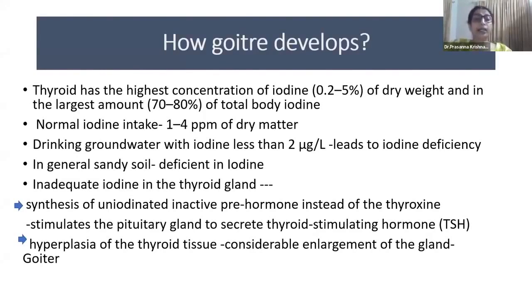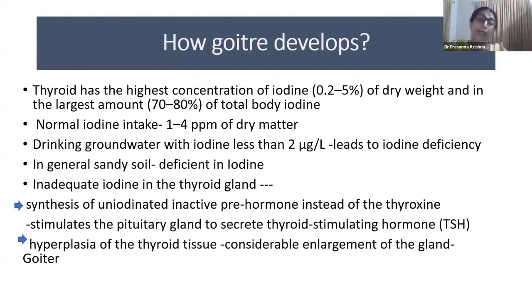And inadequate iodine in the thyroid gland will lead to what? We know that the synthesis of these hormones takes place in this gland, with the help of this iodine. And there is synthesis of uniodinated inactive pre-hormone instead of thyroxine. So the hormone is not produced, but something else is produced, because it is uniodinated, as not sufficient iodine is available.